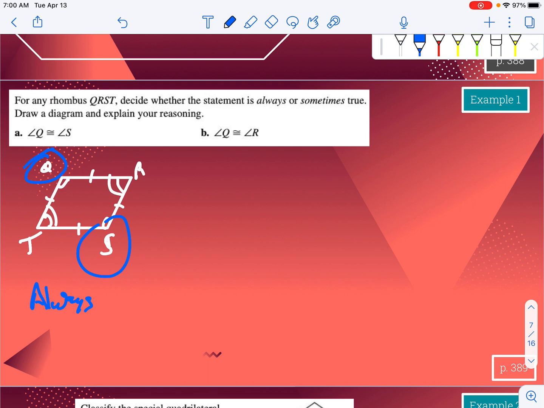Is Q always or sometimes congruent to R? Oh, whoops, I put those congruent angles in the rhombus, which isn't always the case, but it could be the case because a square is a rhombus.